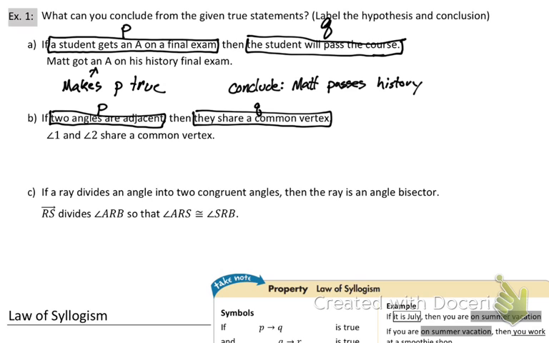That's the conclusion. The law of detachment says the first part has to be true. That will let the second part be true. It doesn't work backwards. If-then statements go in one direction. So what can we conclude from this? Actually, nothing. So I'll put here, this matches the conclusion.